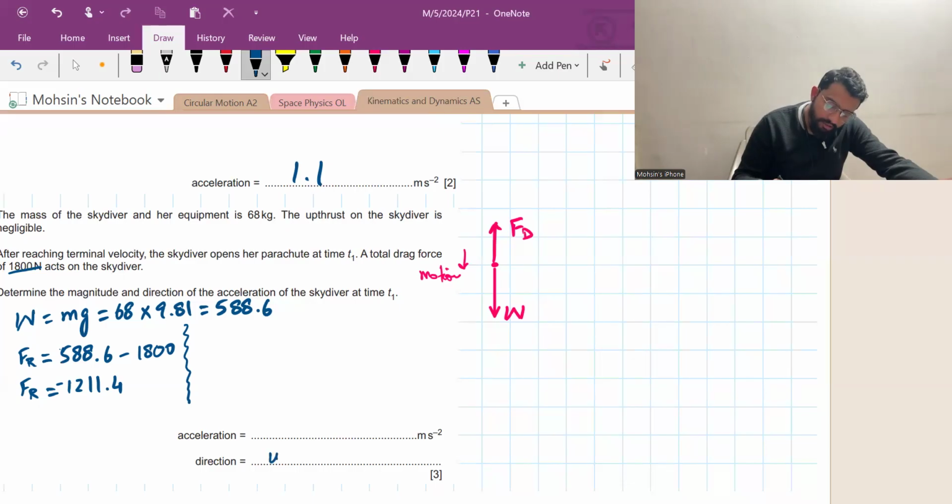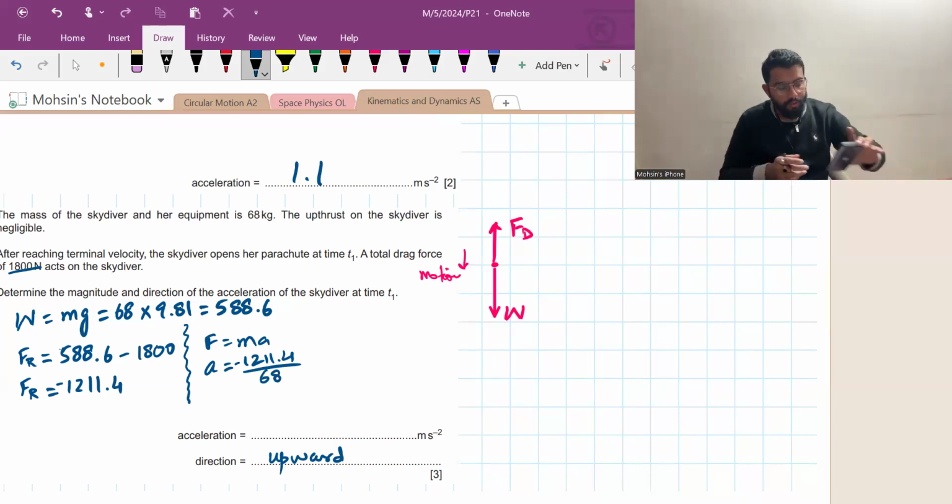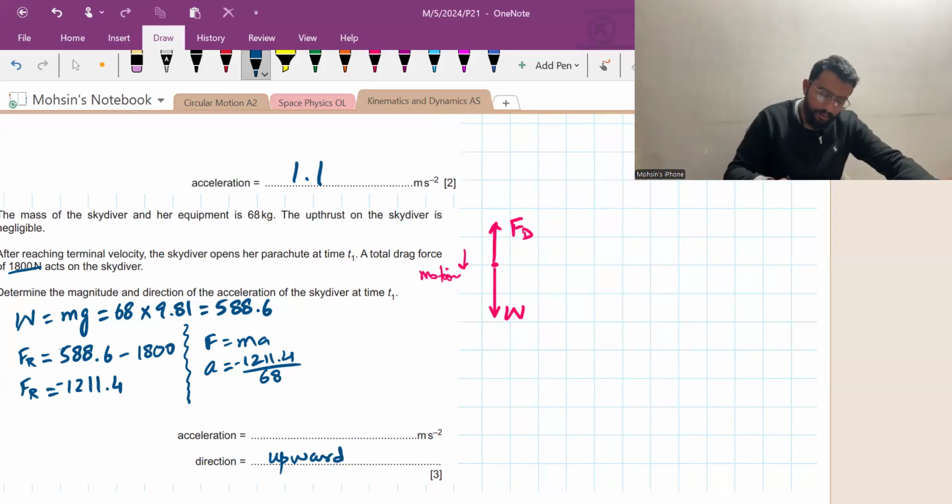So the direction is upward, and force equals ma. For acceleration, we divide 1211.4 by the mass, 68 kilograms. I'm getting 17.81, minus 17.81. So I can write 18.